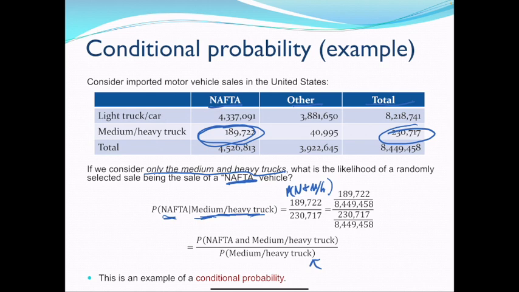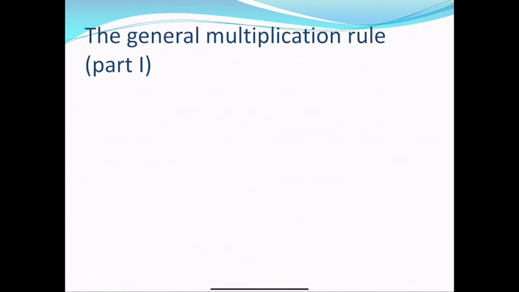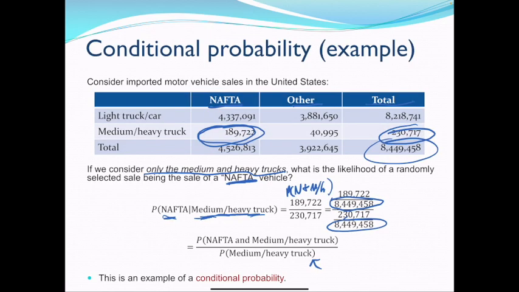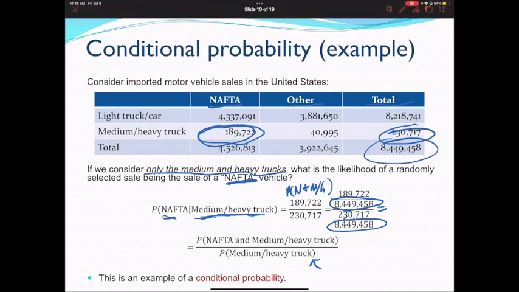I don't like the way they set this up. Right, so it's out of everything, right? We have to divide it by the total number, and this would give us the probability. I don't know why I didn't go ahead and calculate that for us. So I take the probability of being NAFTA and a heavy truck. That's going to be 189,722 over our total number of cars.